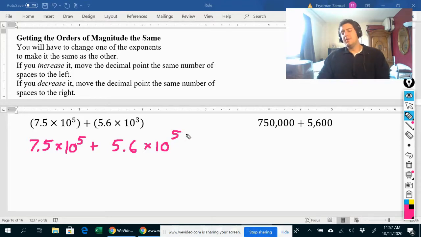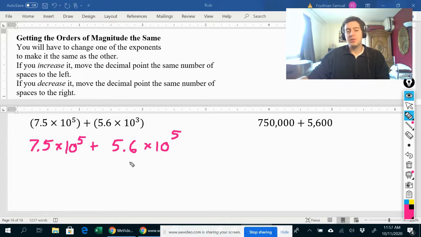Okay? Now you might be thinking, wait a minute, Mr. Friedman, that doesn't really seem right. We can't just change that to a 5. And if you were thinking that, then you're right. We can't just change this to a 5, because imagine what would happen if we did.